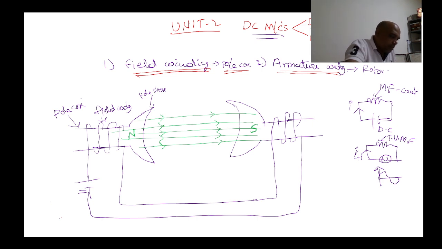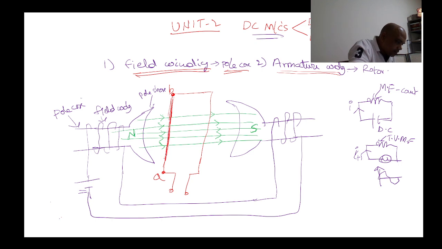If you take an armature conductor, this is the armature conductor, conductor AB.